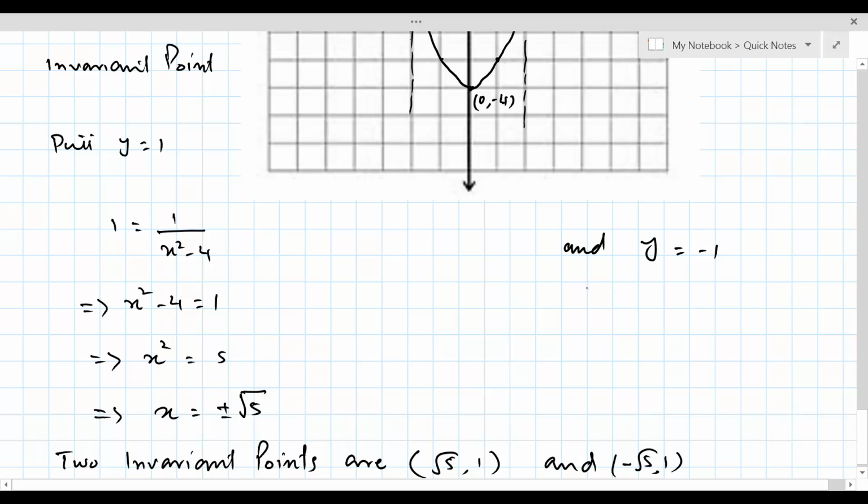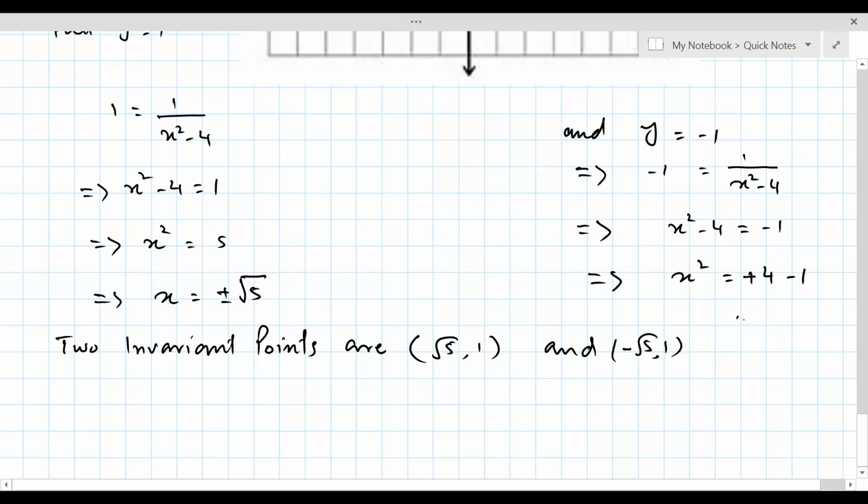So this means minus 1 is equal to 1 over x square minus 4, means x square minus 4 is equal to minus 1, and again x square is equal to plus 4 minus 1 means x equal to plus minus under root 3.